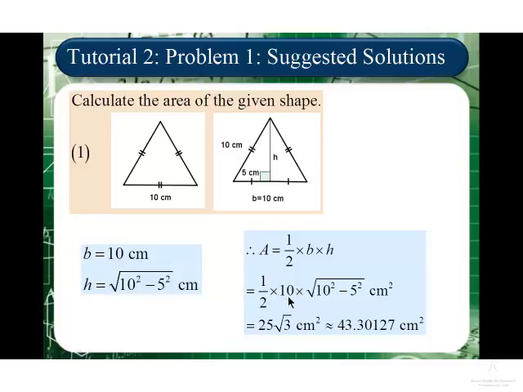Of course the length is 10 centimeters. We have then after we have calculated 43.30127 up to 5 decimal places as the area for this particular triangle in square centimeters. You can also express this in surd form as 25 times the square root of 3 square centimeters in such a case.